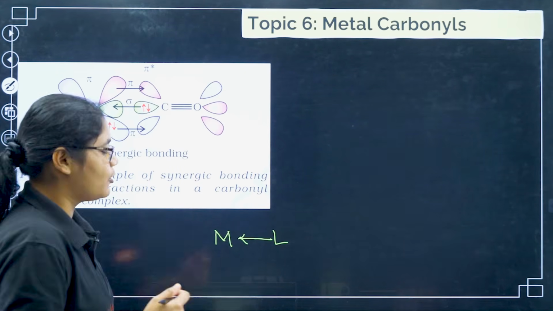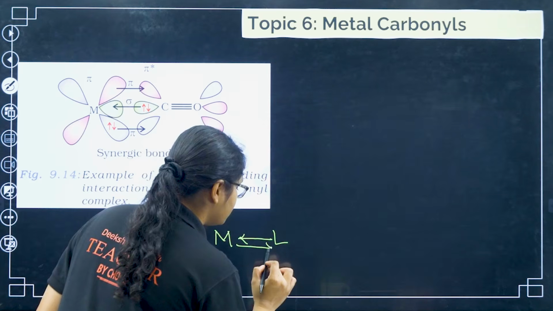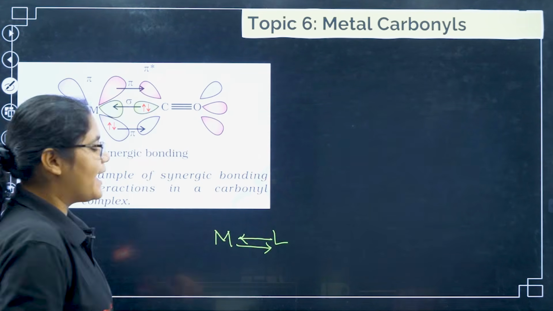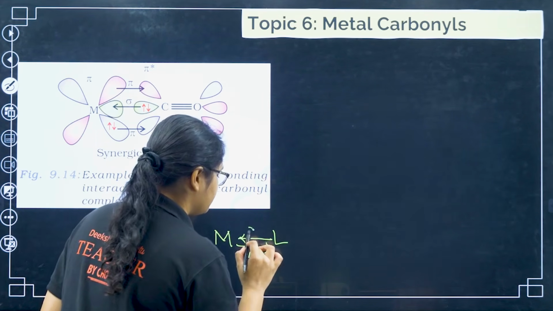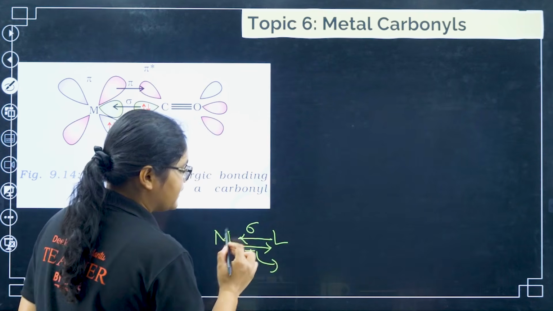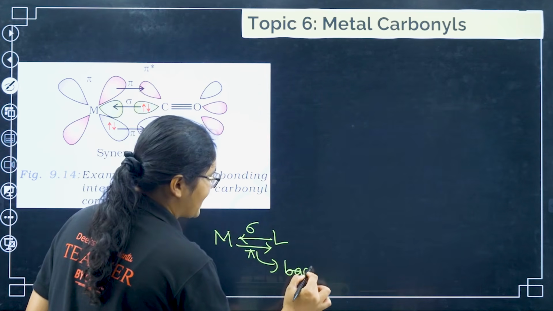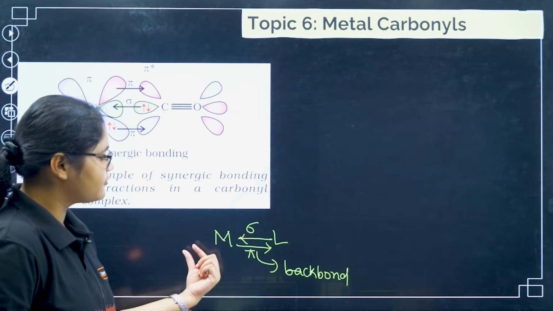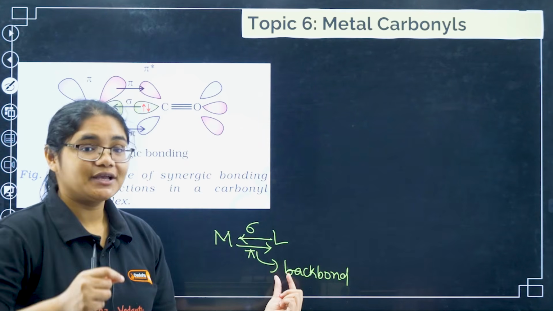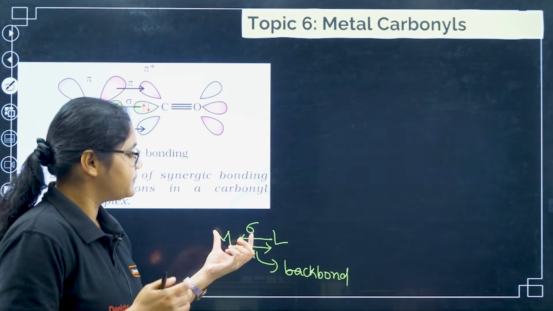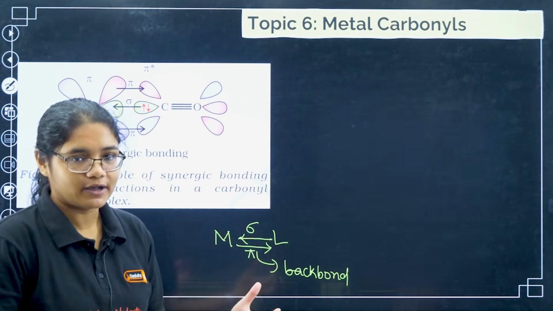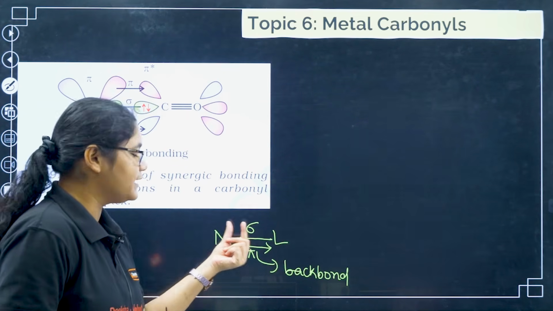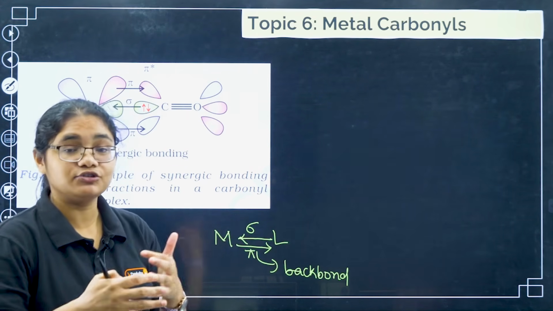The metal also donates electrons to the ligand and forms a pi bond. This bonding, where the metal donates to the ligand, is called back bonding, which makes the metal-ligand bond stronger.